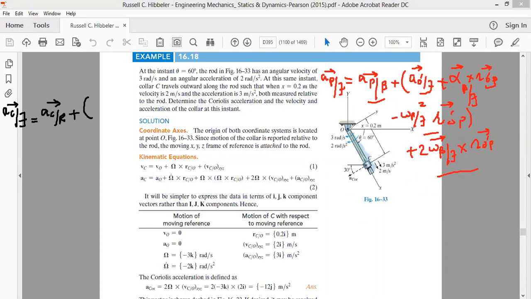O dash and ground are at the same position, so they are at rest with respect to each other. So the acceleration of O dash with respect to ground will be 0 because O dash is fixed in ground. So this term is over.